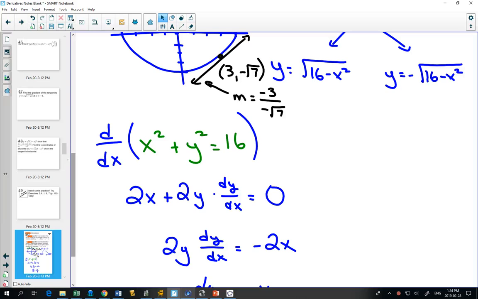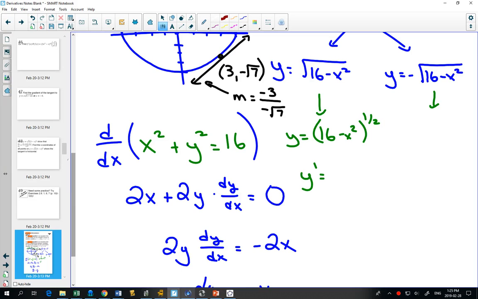This is a fascinating equation because I could have figured out dy/dx separately for both of these. I'd like to do that right now to hopefully give you some deeper understanding of what's going on. If I wrote this one as 16 minus x squared to the half, can you see that you could find the derivative if you used the chain rule? y prime would be 1/2 bracket 16 minus x squared to the negative 1/2.